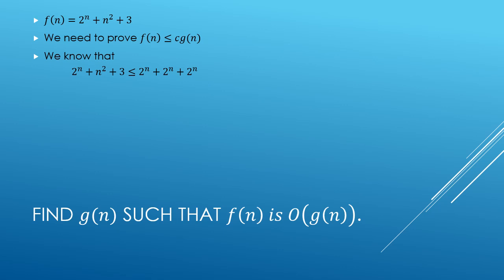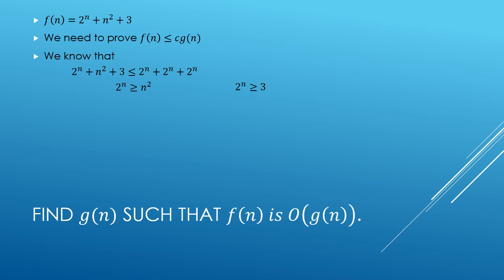We are making two assumptions here. One assumption is 2 raised to n is greater than or equal to n square. That's why we are replacing it on the larger side. And the other assumption is 2 raised to n is greater than or equal to 3.